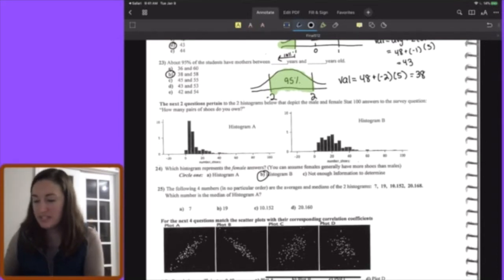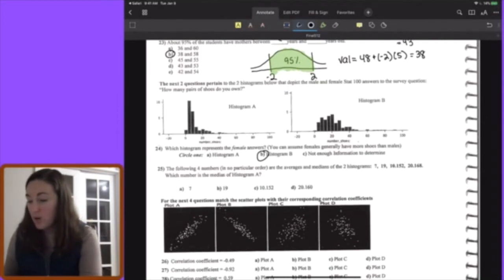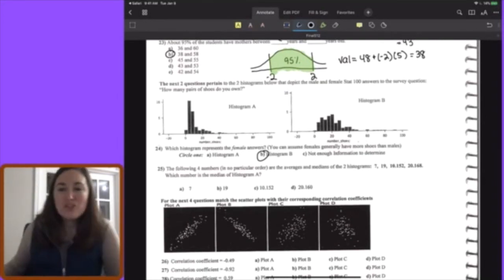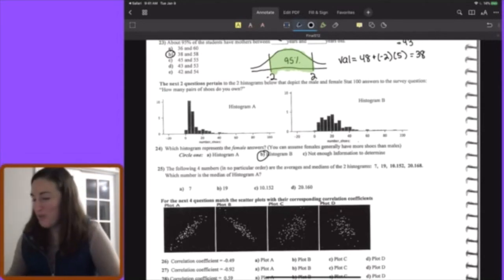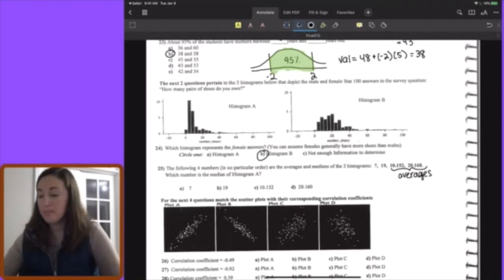And then 25 says the following 4 numbers in no particular order are the averages and medians. What is the median for histogram A? So here, this is an interesting one. I know that the 2 averages, these have to be the averages, because our survey data only allows you to put in whole numbers. So I know the median has to be a whole number or a number with a 0.5 decimal.